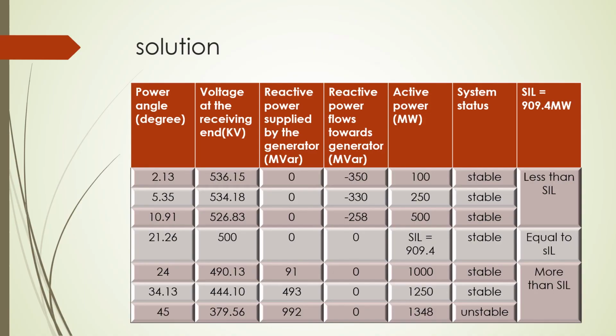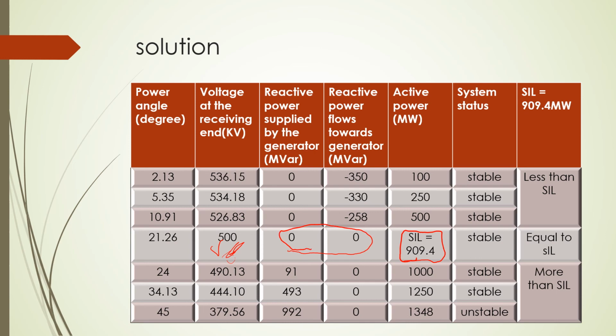Here the table shows the solution of the above problem. To understand this table, we take the SIL value. The SIL is the load. At this load equal to SIL, the voltage at the sending end Vs equals VR, both are the same, and the net reactive power flow in the line is equal to 0.